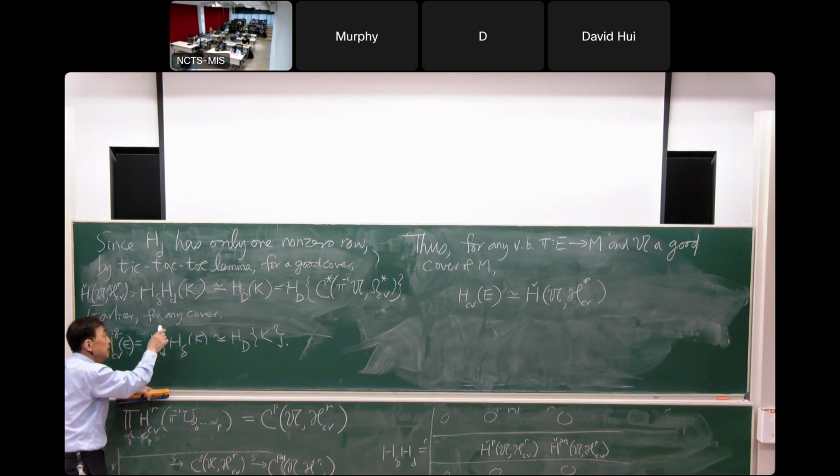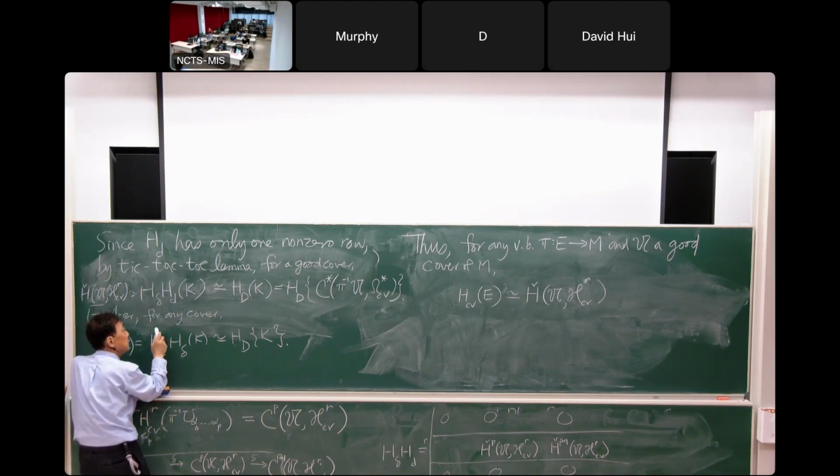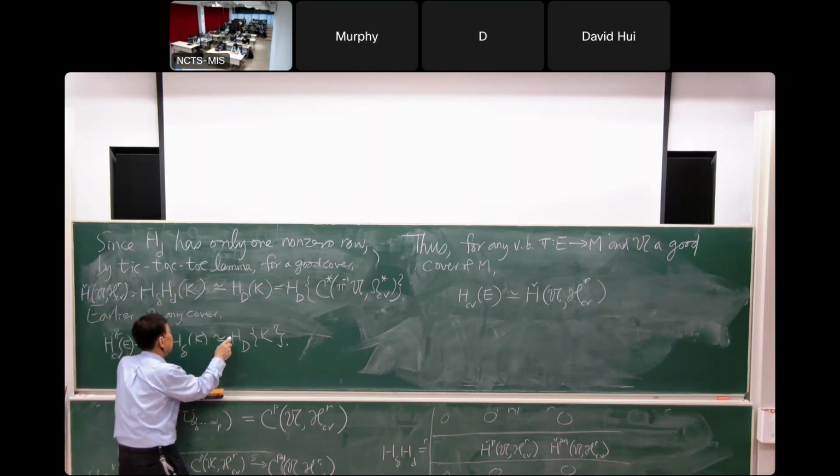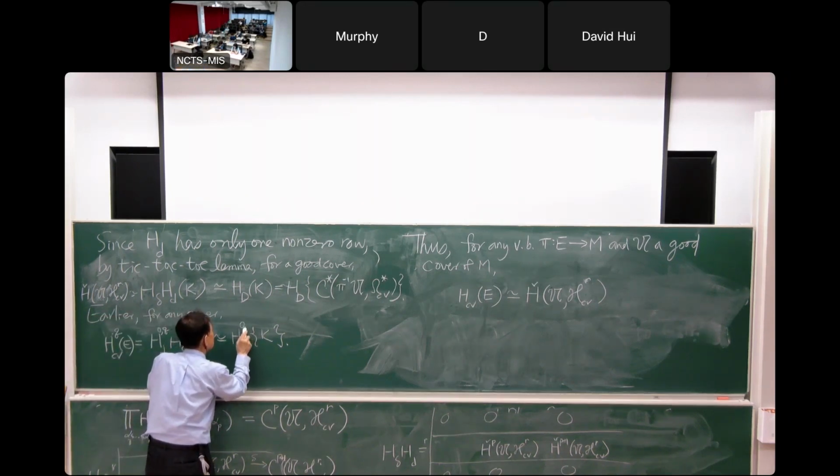So HD is going to be in the 0th column, and then Q. When you have a double complex, the cohomology has 2 degrees. In each box, you have 2 degrees. And so it's H big D of 0, Q.